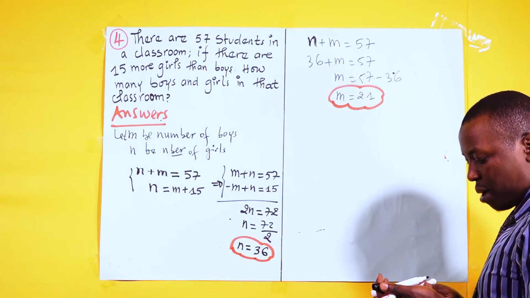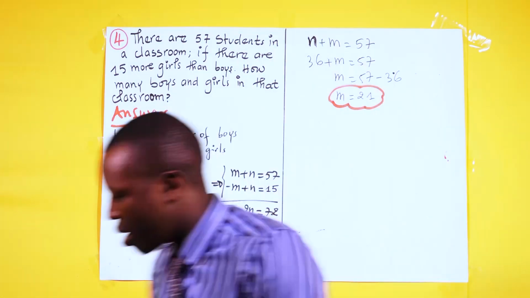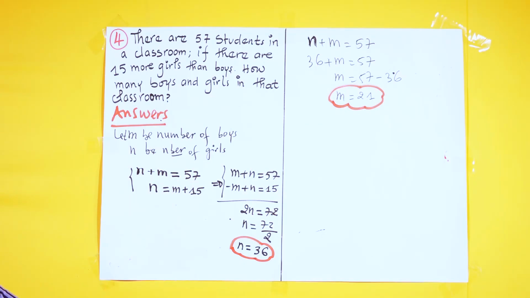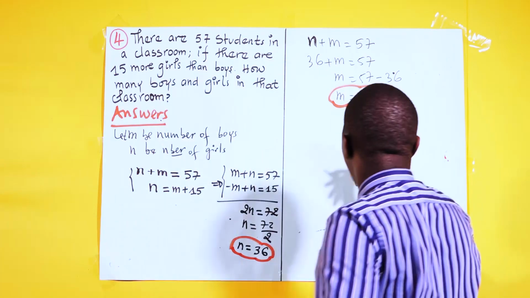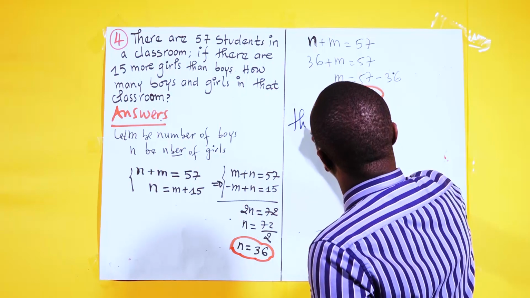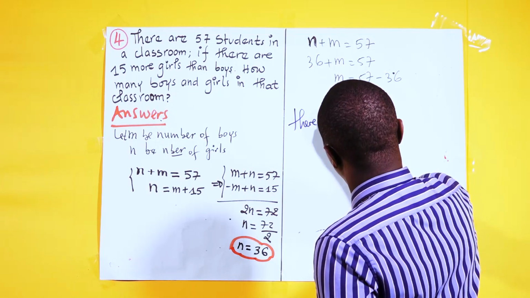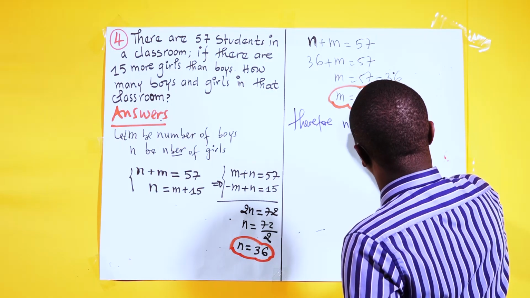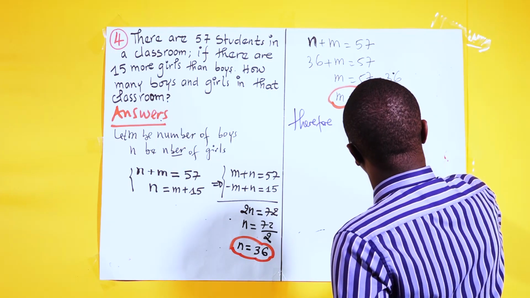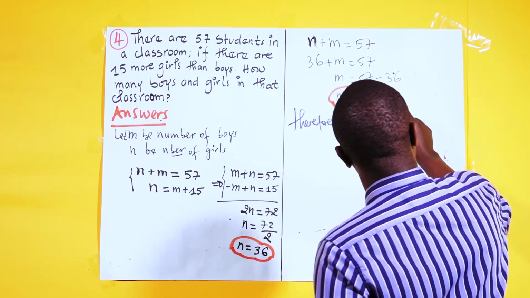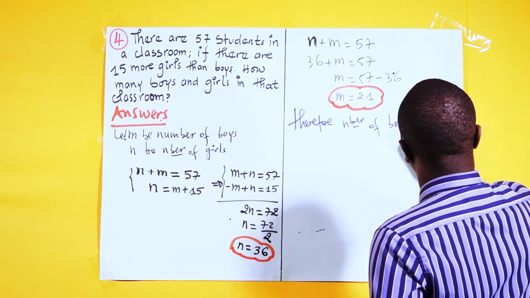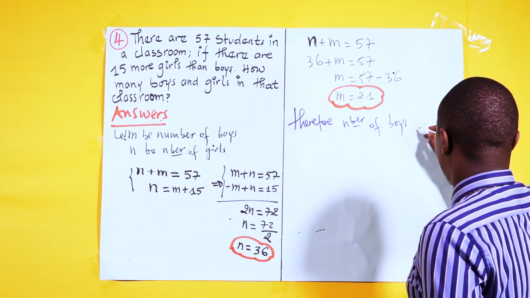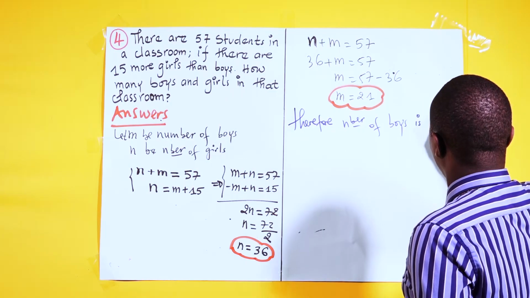So, by conclusion, you can conclude in this way: therefore, number of boys is 21.